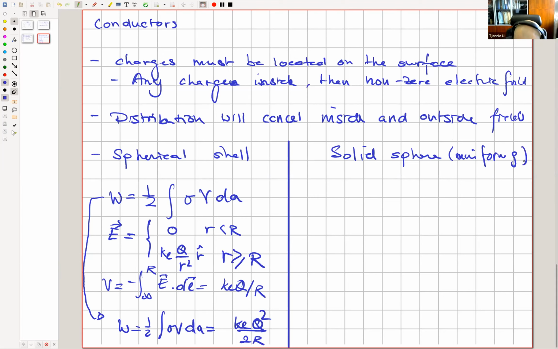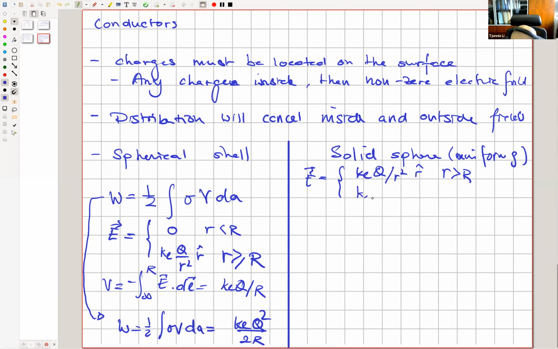And so here, we can make our lives a little bit simpler, and we have that E here is k_e, well, okay, no, let's do big Q. Let's do big Q, divided by r squared r hat when r is bigger than big R. So we have the total charge, which is just, we can assume that this is everything that is inside.